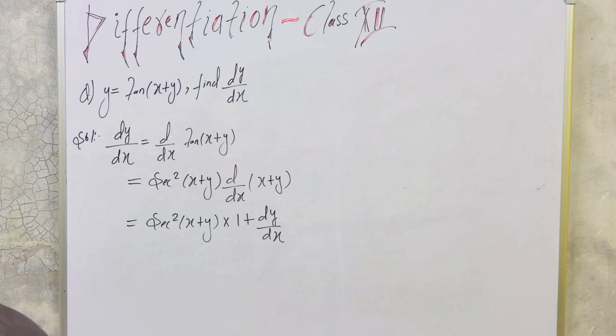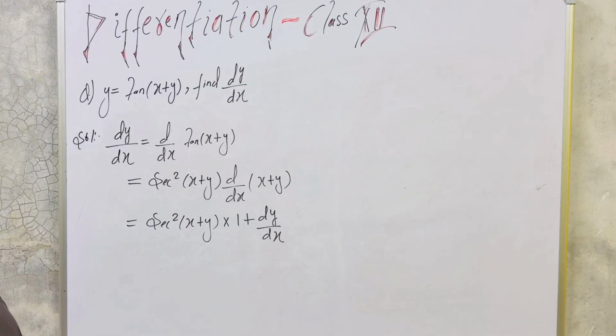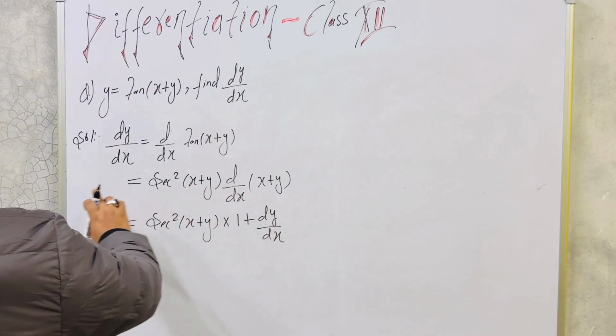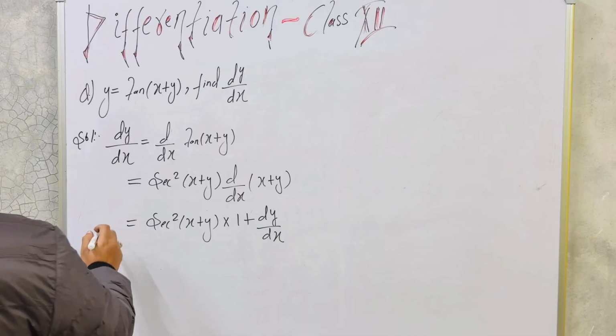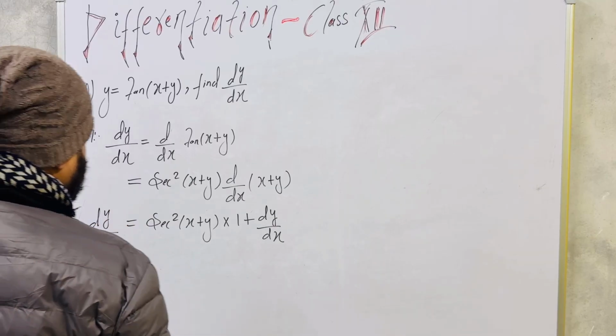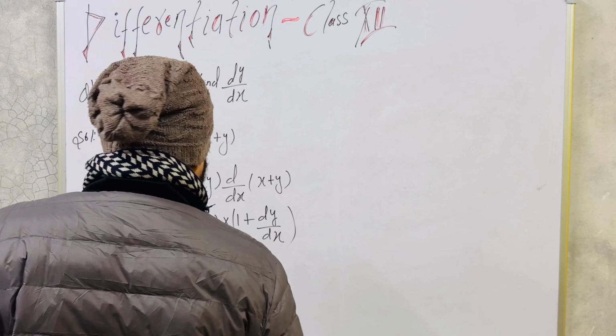Okay, now the value of dy by dx is, this dy by dx is transfer in LHS, that is this is the dy by dx. Okay, this is the multiplication of this.